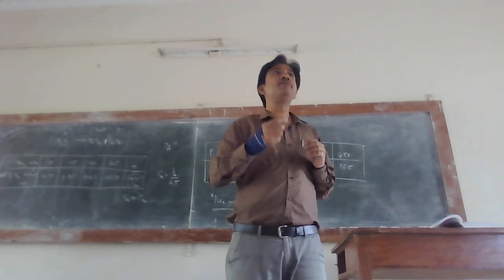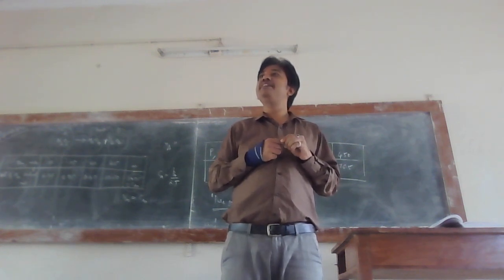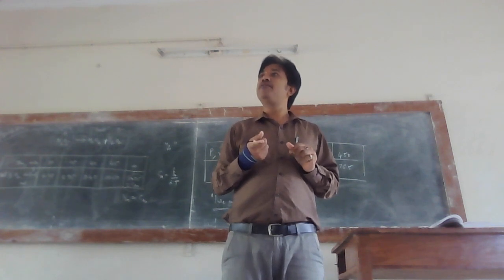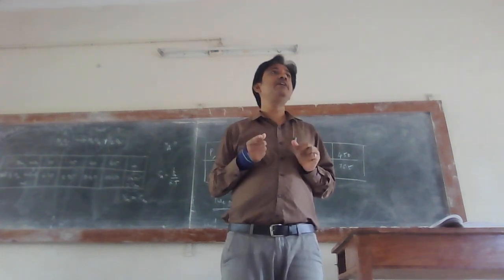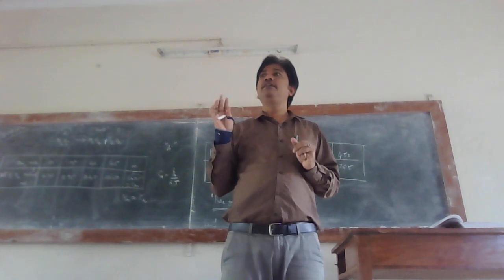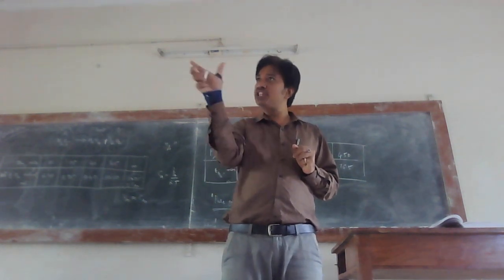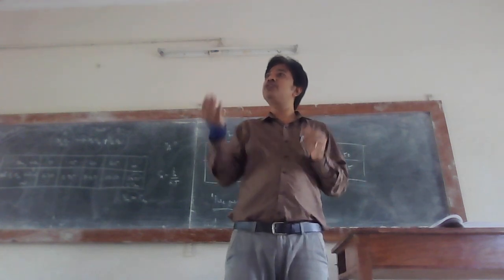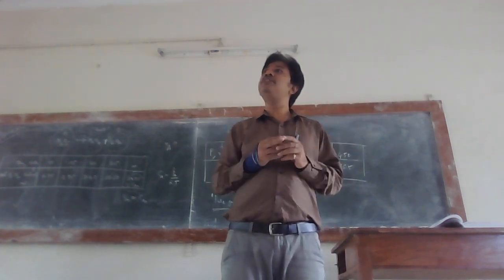We have done the problem, no? Why are you looking like that? For second order, T half is equal to 1 by k Ca naught. So use that expression, use the value, estimate some k values. If you are almost getting the same, it's a second order.